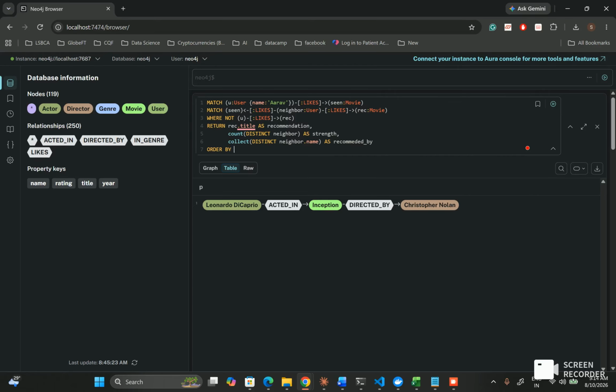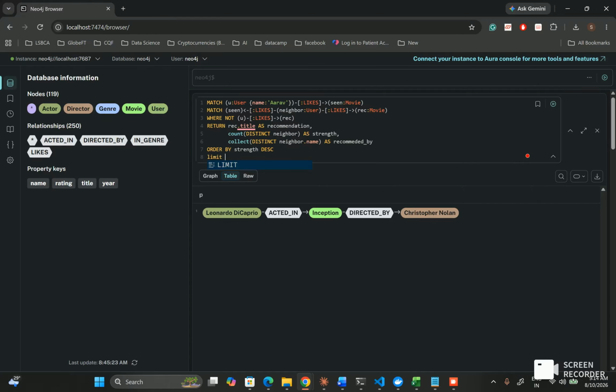ORDER BY strength, LIMIT 5. Now let's understand this first, because it actually looks very dense.